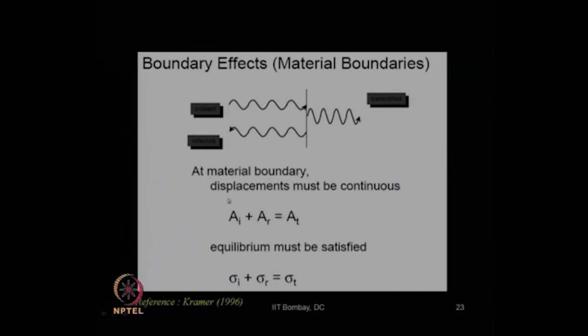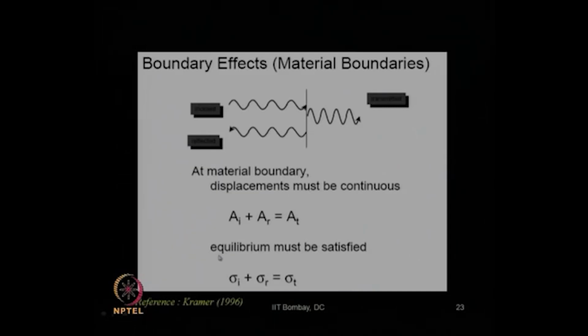So, if the displacement compatibility has to be there, what can we write? Whatever the amplitude of the incident wave A_I and whatever the amplitude of the reflected wave A_R, the summation of that should be equal to the amplitude of the transmitted wave. Then only we can maintain the displacement compatibility at this boundary between two materials. Am I right?